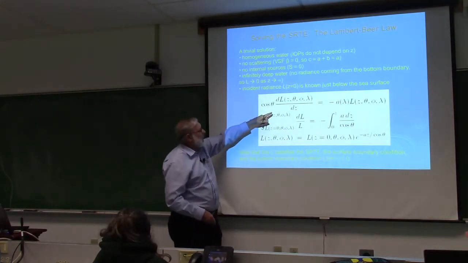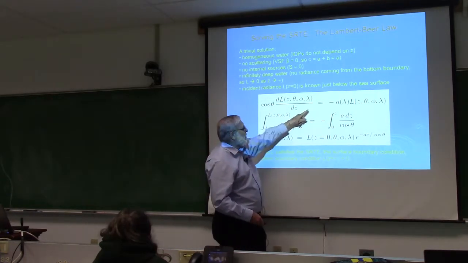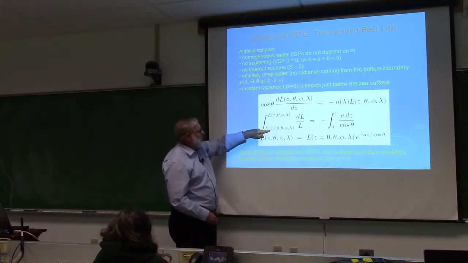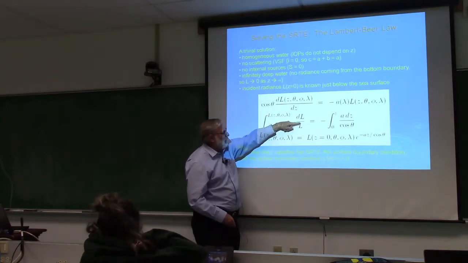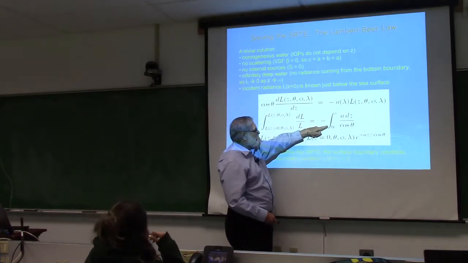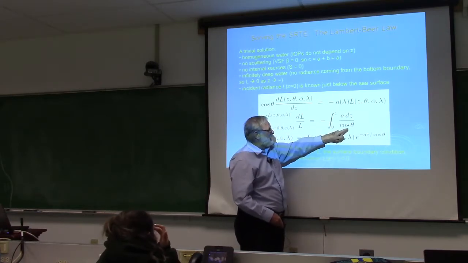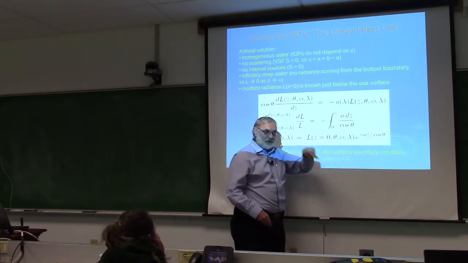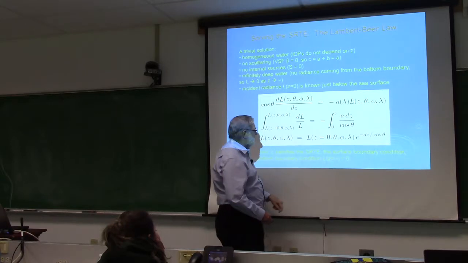Well, this guy, I just divide through by L, and I multiply through by dz, and I integrate from the value at the surface down to the value at some depth of dL over L, and I integrate from the surface down to the depth Z of absorption times dz divided by the cosine of theta, and I'm looking just in one direction here, and A is constant because the water's homogeneous.